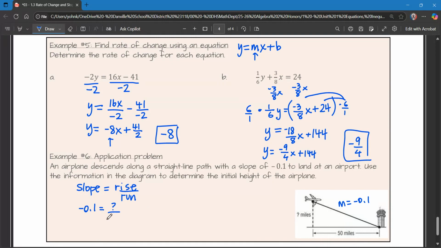Now, the other thing you've got to think about is that if you're thinking of this as a coordinate plane, this run is going to be 50. Then think about this negative 0.1 as negative 1/10.